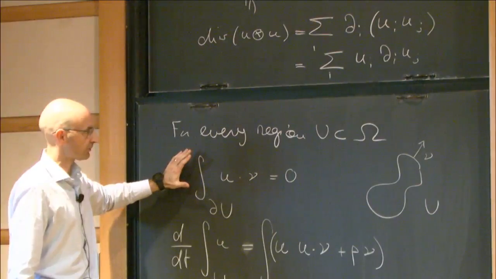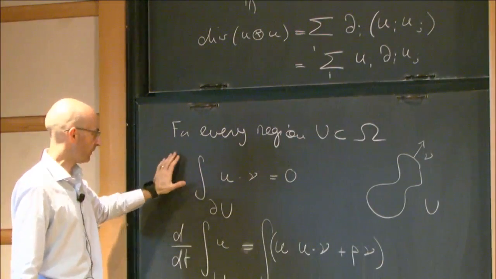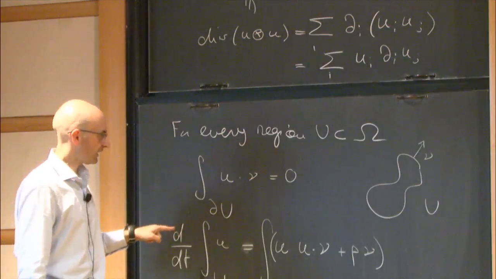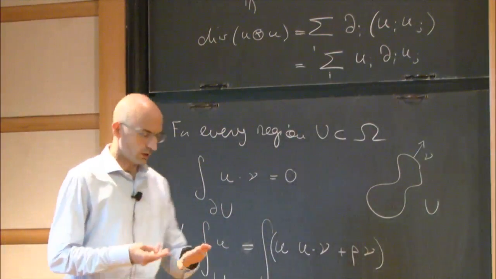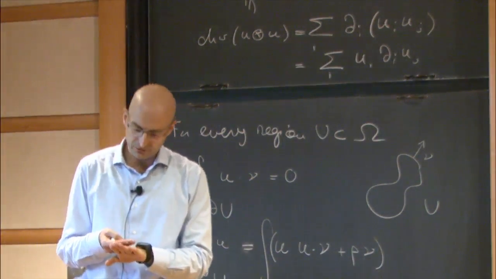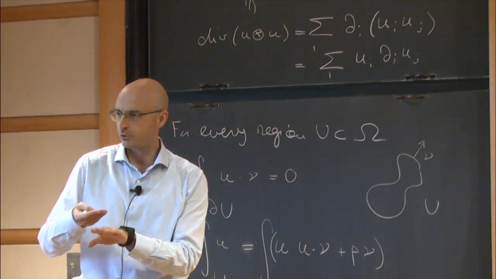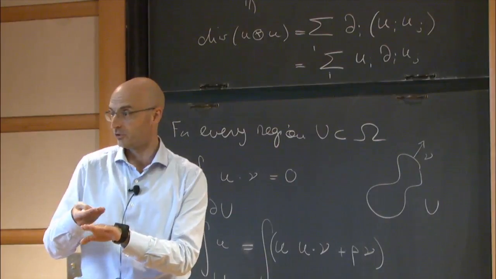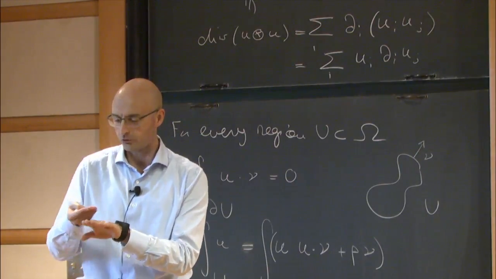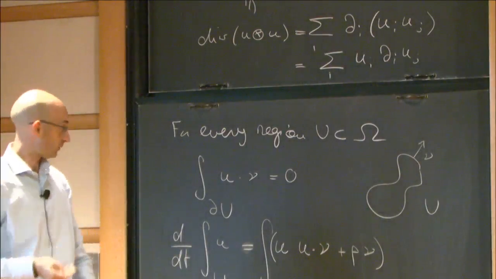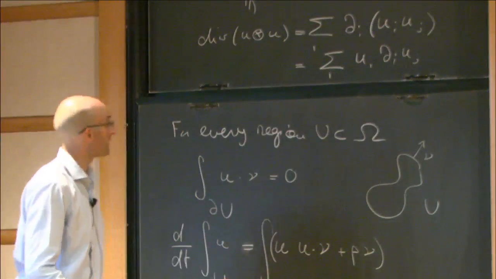So in textbooks you start postulating that your fluid is incompressible, which is the content of this equation over here, and you start postulating that if regions of fluids are sliding over each other, there is no friction between them. So there is no loss in the total momentum because of some friction between the particles.